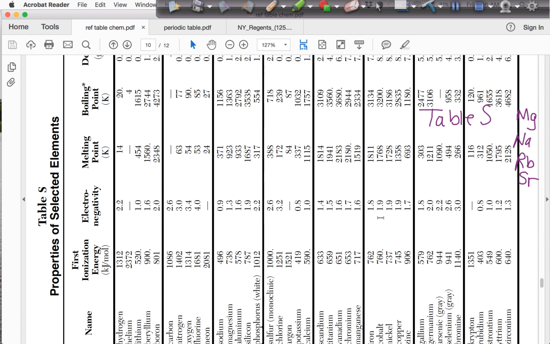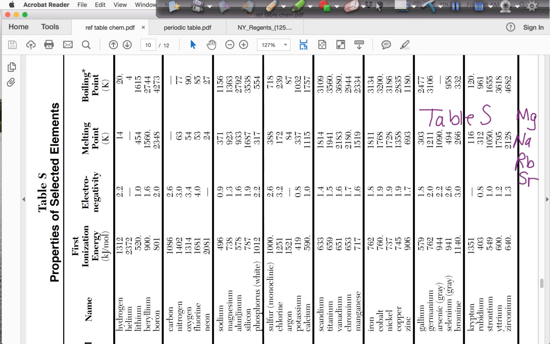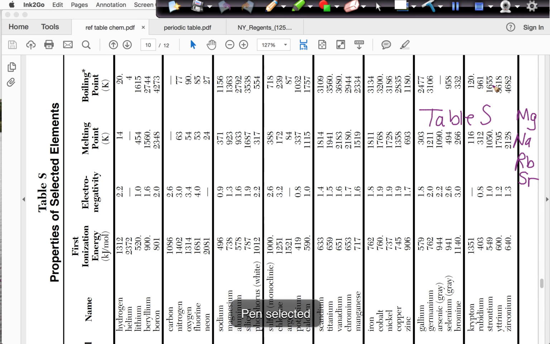Make it a little bit bigger. And for magnesium, we have a boiling point of 1363. For sodium, we have a boiling point of 1156.